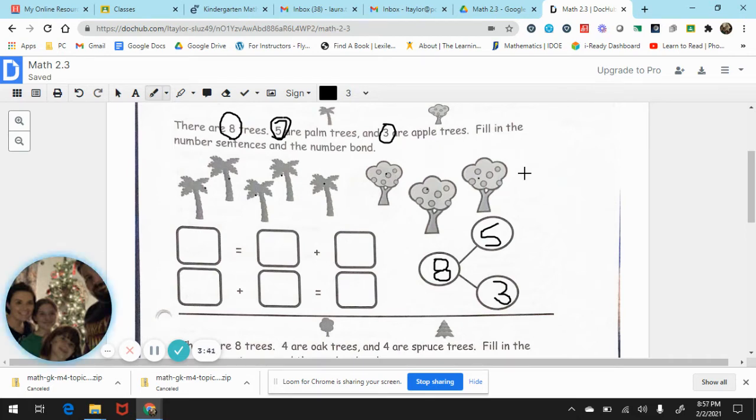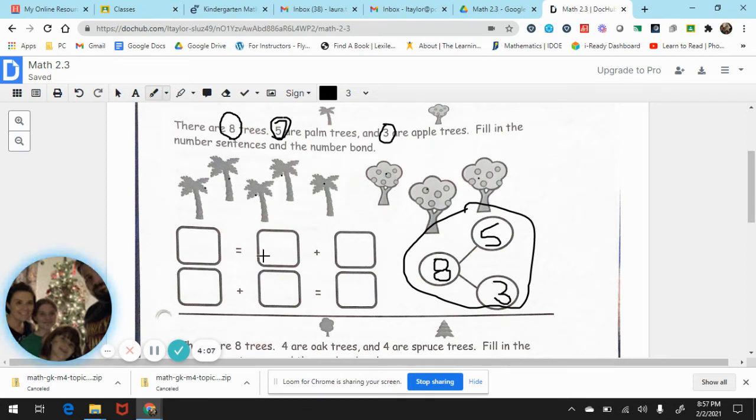Okay, so let's look at writing a number sentence. When I write a number sentence, I'm going to give you a big, huge tip that might help. This set of 3 numbers is called a family. Do you know why it's called a family? Well, it's called a family because these numbers work together, okay?